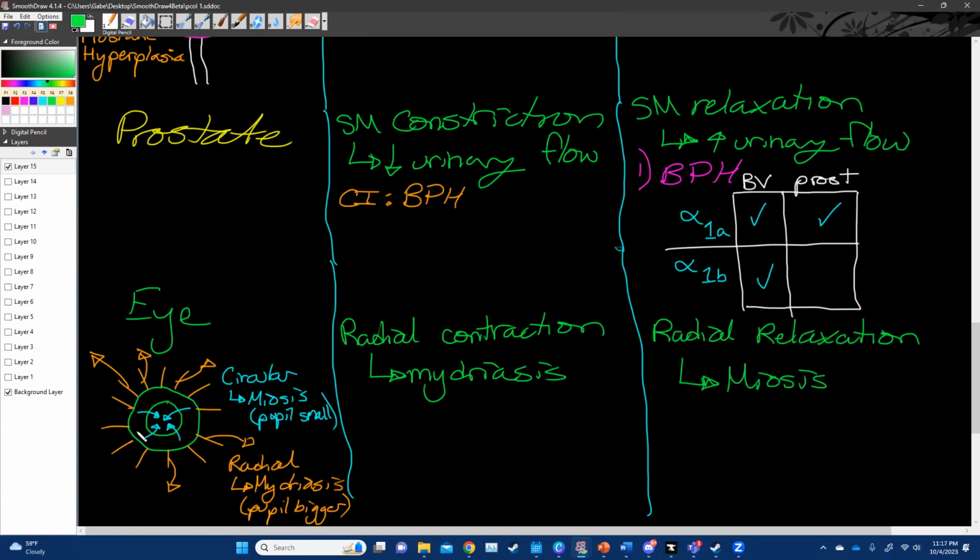And the reason is that the radial and the circular muscles compete against each other, and if you inhibit one completely, then whatever is left over is going to do its job. In this case, cause meiosis.